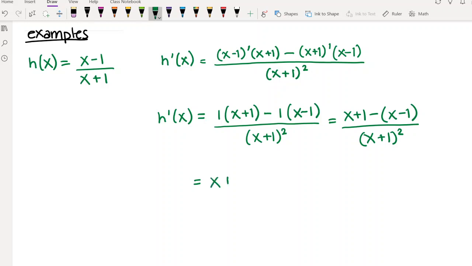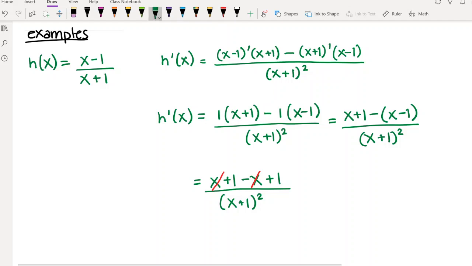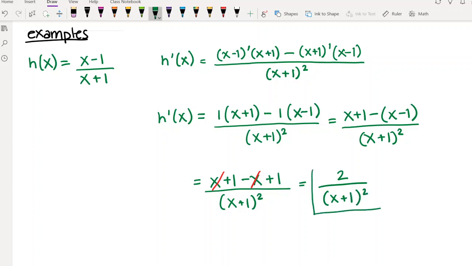So we have x plus 1 minus x plus 1 divided by x plus 1 squared. And so these x's cancel each other out, and we'll be left with 2 over x plus 1 squared. And you could totally leave your answer like this. You could multiply out the x plus 1 squared. Again, I don't really care so much about whether things are factored or not in this context.